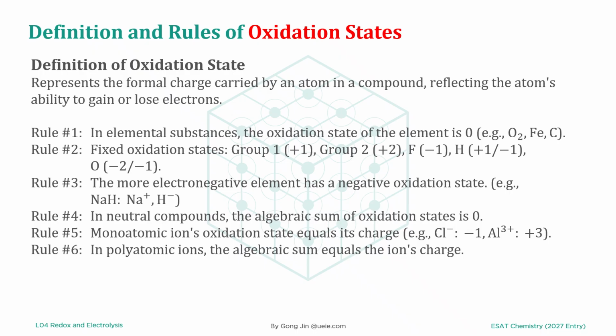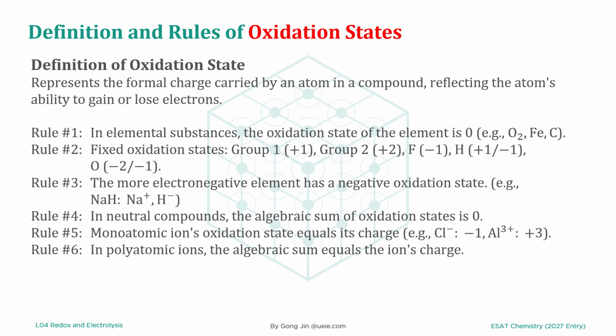3. The more electronegative element takes on a negative oxidation state. Take sodium hydride as an example. Hydrogen is more electronegative than sodium, so its oxidation state is -1. 4. The sum of oxidation states in a neutral compound equals 0. 5.